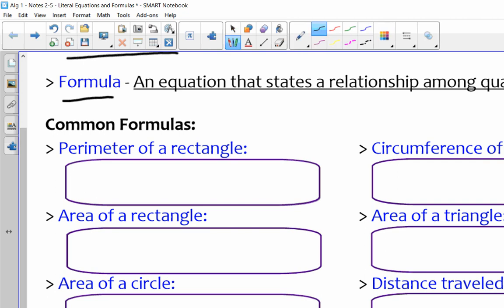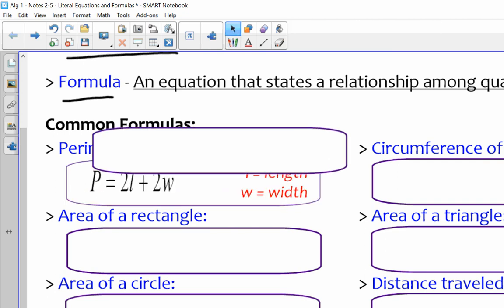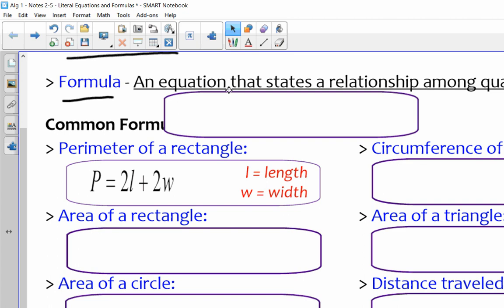Perimeter is adding up all the sides of a figure, whatever that figure might be. A rectangle is kind of unique in that you'll always have four sides. Two sides will be equal, and the other two sides will be equal. The sides are typically called the length and the width. Okay. So for the perimeter, I'm going to have two lengths that are the same, two widths that are the same.